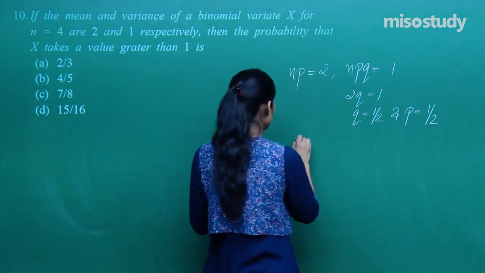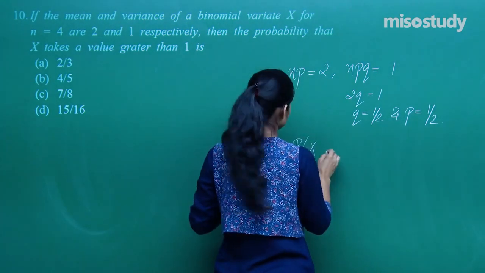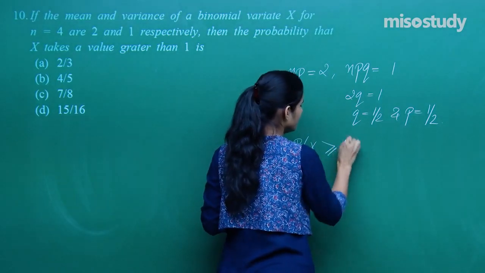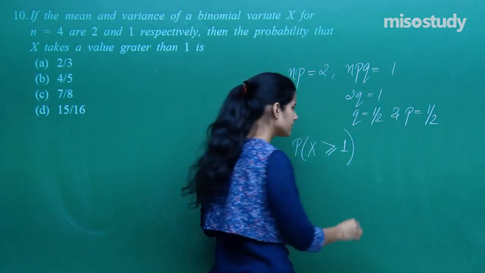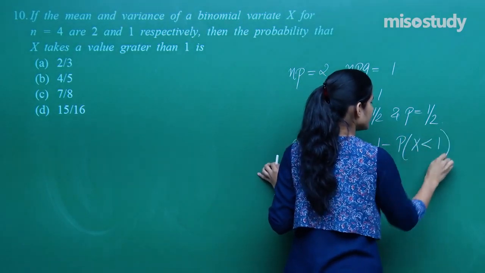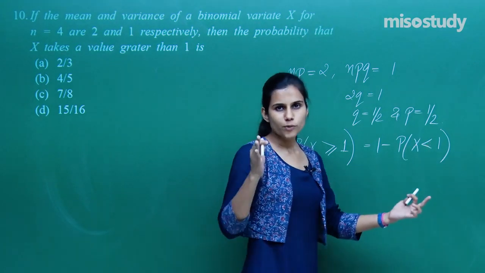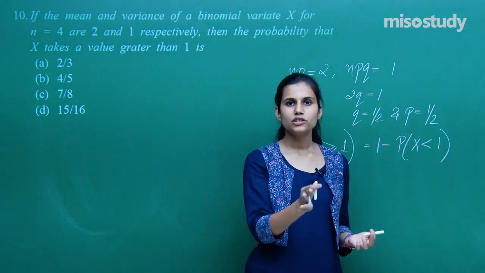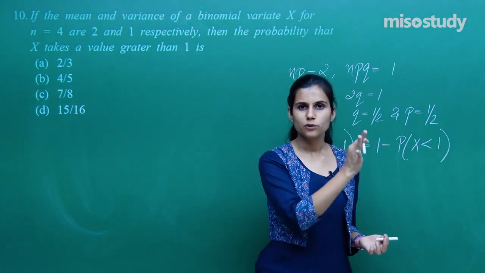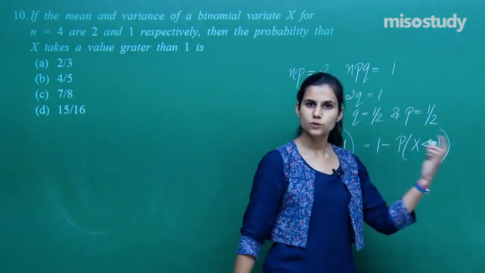Now you want to evaluate probability of x greater than 1. This is the same as 1 minus probability of x less than or equal to 1. Why? Because this is a probability distribution. So probability of x equals 0 plus probability of x equals 1 plus probability of x equals 2 plus x equals 3 plus x equals 4 is 1.